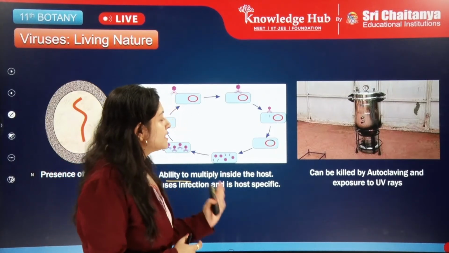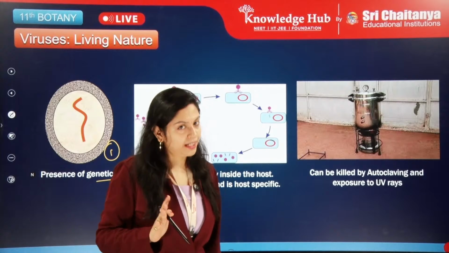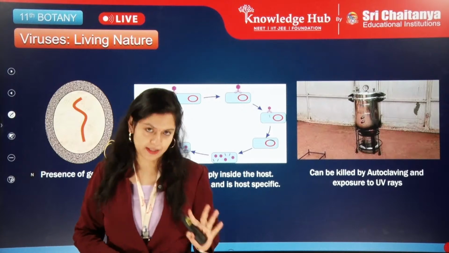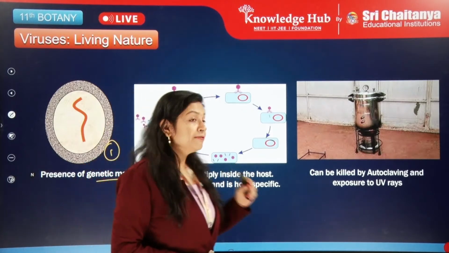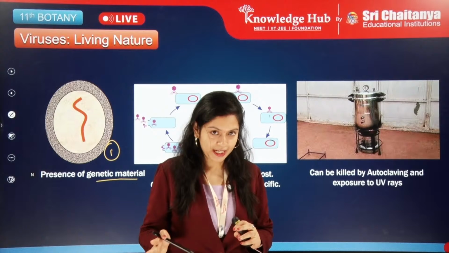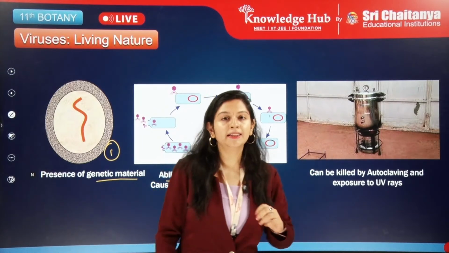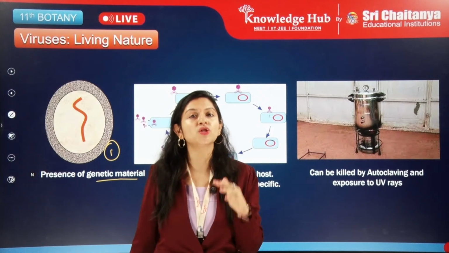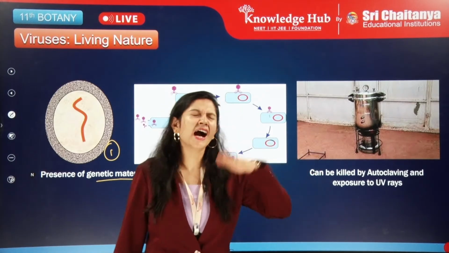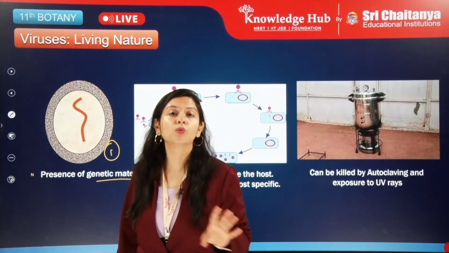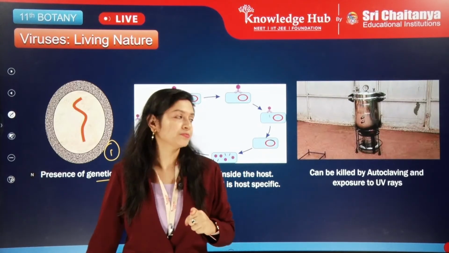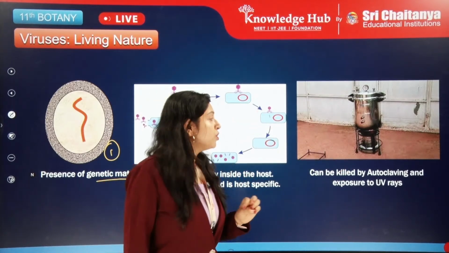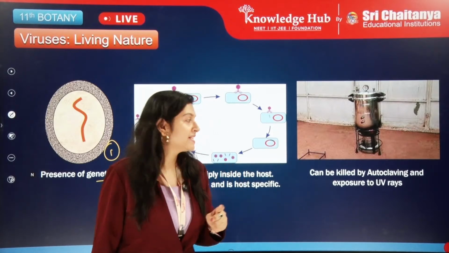Next, it can be killed by autoclaving or by exposure to UV rays. If it were absolutely non-living, this wouldn't work. In autoclaving, you put the substances under high pressure and high temperature, like an ultra pressure cooker, for those who don't know what autoclaving is. The temperature is increased immensely and huge pressure is applied.